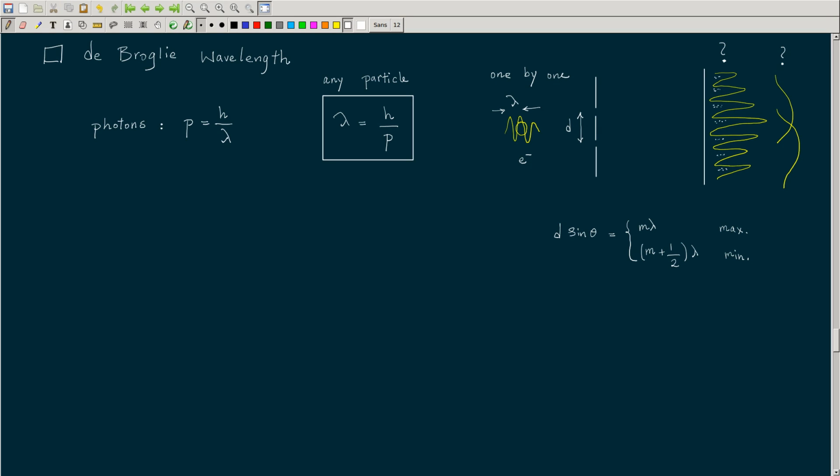De Broglie took this formula and wrote it in this form, lambda equals h over p, and said maybe this is true for anything we classically call particles. Classically we think of an electron as a particle. Let's say you can assign a wavelength, called the de Broglie wavelength, to a particle such as an electron, which is h, the Planck constant, divided by the momentum of that particle, p.